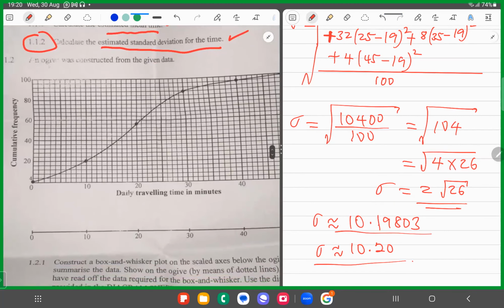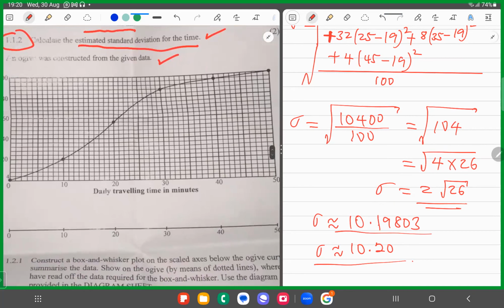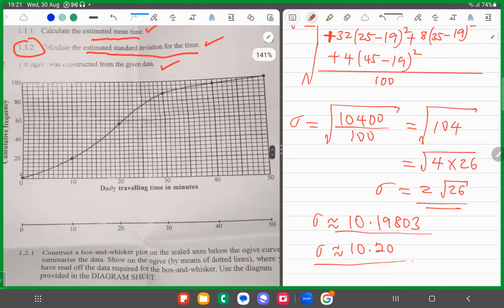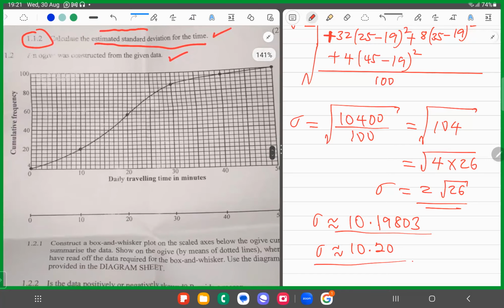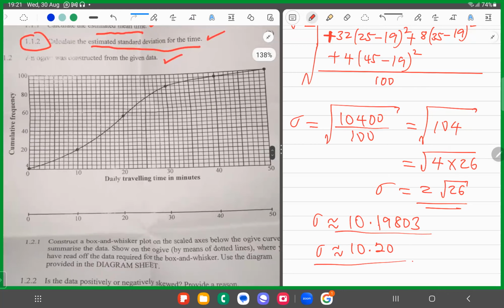Right, an Ogive was constructed from the given data. Right, we have been given data and suddenly an Ogive was constructed.